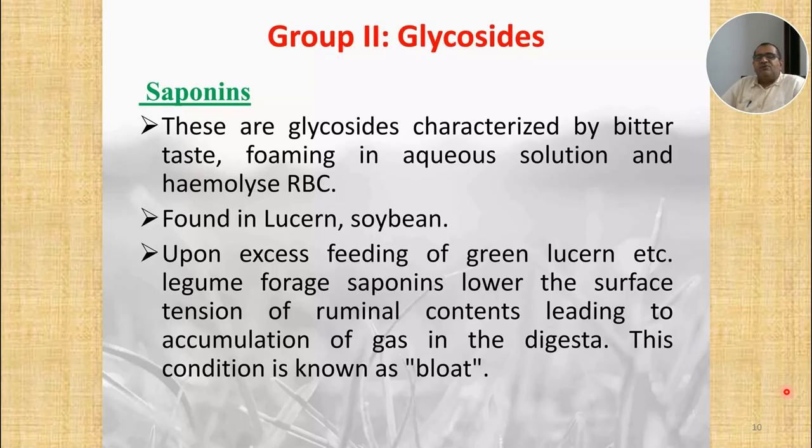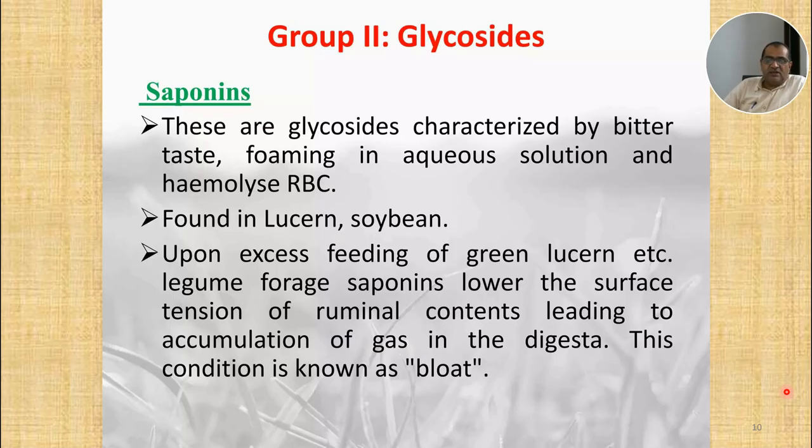Bloat is always an acute condition in animals, and if the produced gas does not escape out of the rumen, maybe due to eructation, then it causes sudden pressure on the diaphragm, and in turn on the respiratory tract, and there is a chance that the animals may collapse suddenly.